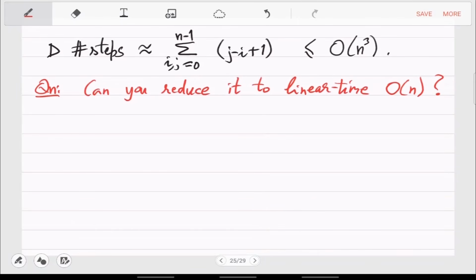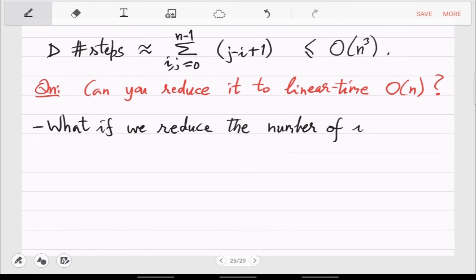So that is the second idea, which is a much smarter idea. So what if we reduce the number of indices from 2 to 1? Instead of working with i, j, which was requiring 2 for loops, we'll work with only j.